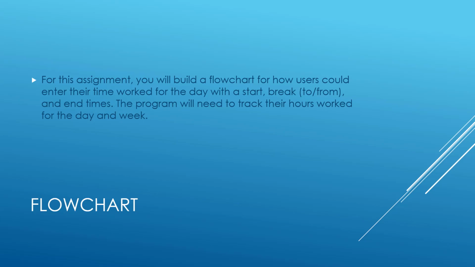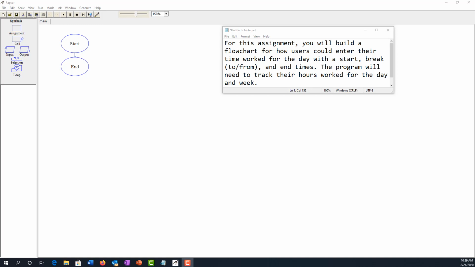in Raptor. So this is how the program Raptor looks whenever you open this program up. You can see that there are symbols over here on the left side that you can drag and drop onto your canvas here in order to put your flowchart together. But the beauty of this software is you can actually click this run button and run the program and make sure it's running properly.